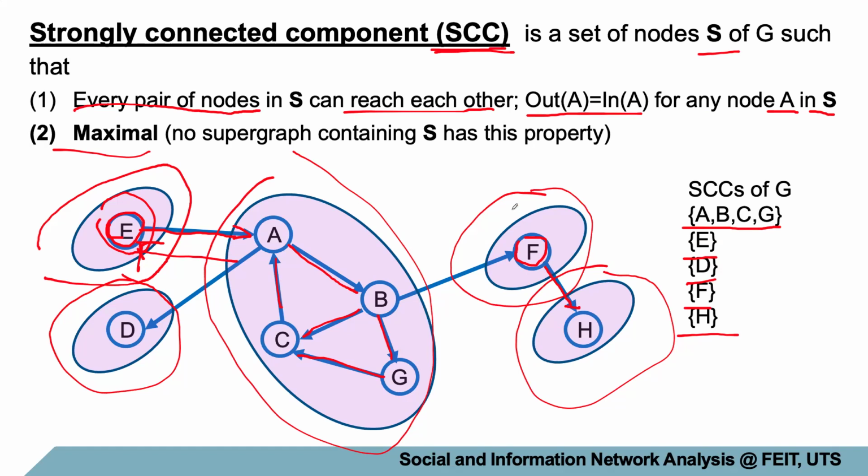On undirected graphs, we just use connected component. And I don't know what you mean by E being a whole network. We are talking about finding SCCs in a directed graph, and E itself is an SCC. That's it.